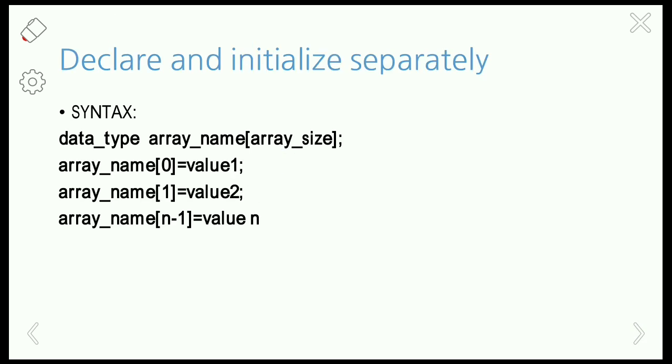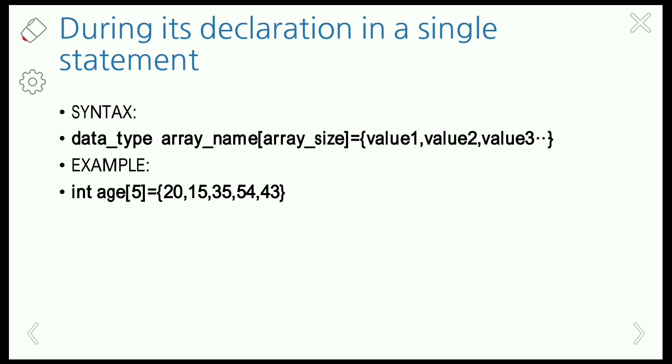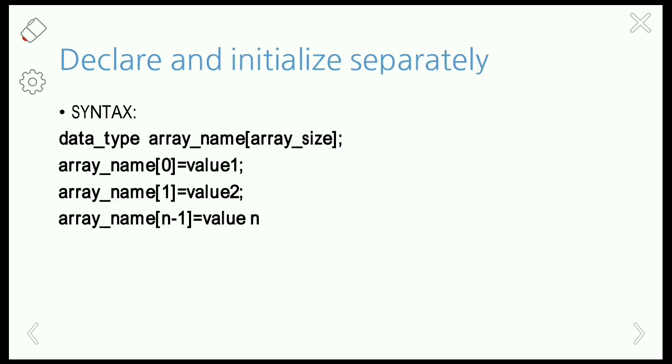The second method is to declare and initialize separately. In the previous method we declared and initialized in a single statement, sequentially assigning the values. Here we assign the values to the particular subscript separately.